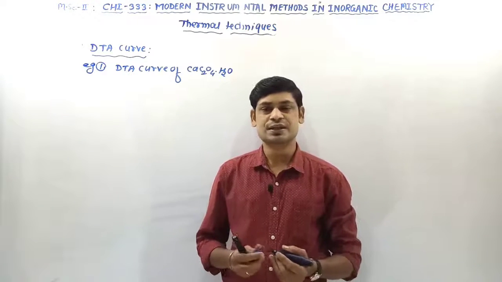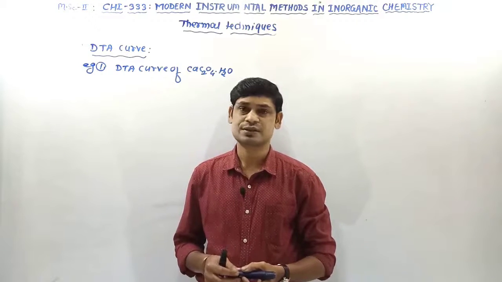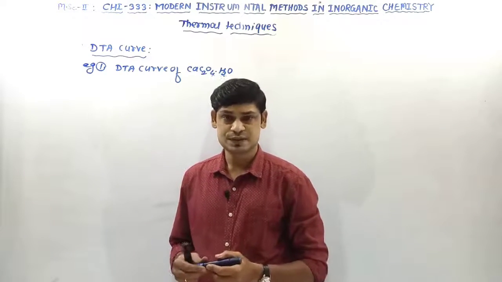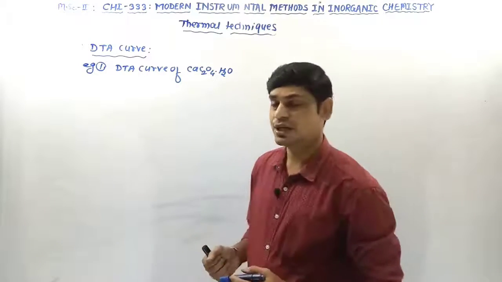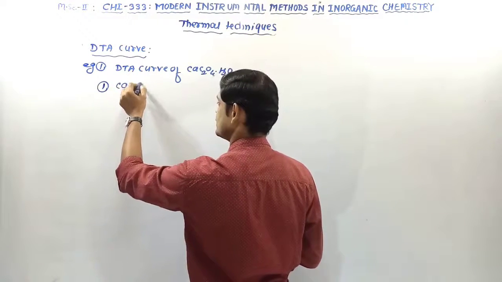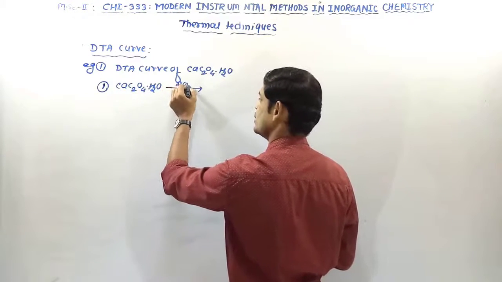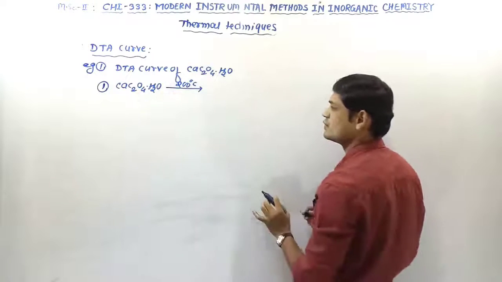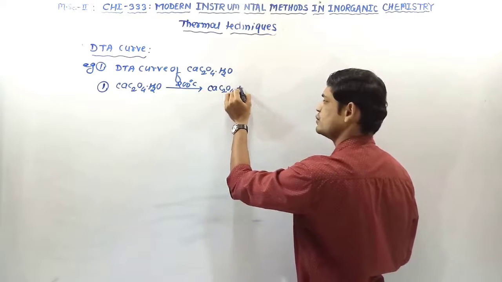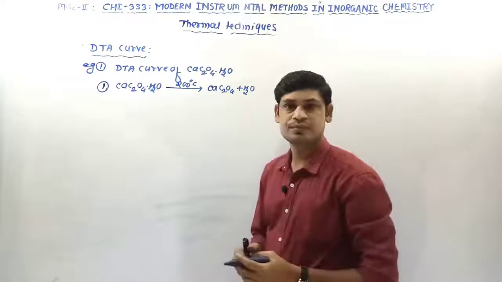Our first reaction is that the water of hydration will be lost, dehydration will be there. It is an endothermic process and it takes place around 200 degrees Celsius. So CaC2O4·H2O upon heating around 200 degrees Celsius loses this water of crystallization and you will get CaC2O4 plus H2O. First reaction.